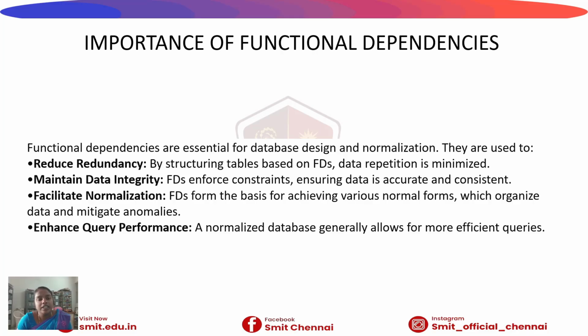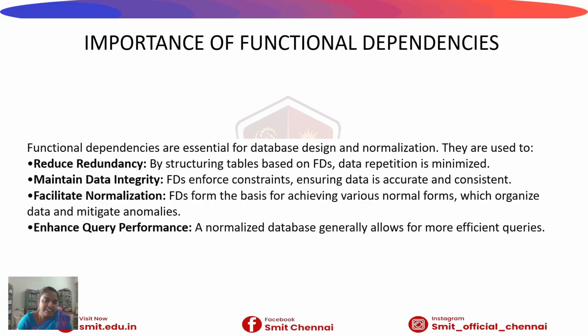Now we are going to see why functional dependency is important. Functional dependency is essential for database design and normalization. It is used to reduce redundancy, maintain data integrity, facilitate normalization, and enhance query performance. Reducing redundancy means that by structuring tables based on functional dependency, data repetition is minimized.